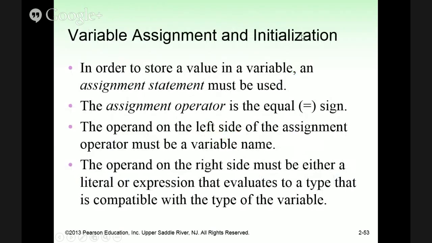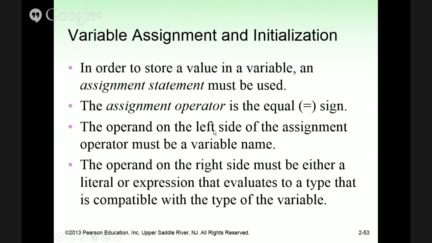Now, as we talked about earlier in the class, and something that's really important to understand is that the equal sign in computer science has a slightly different meaning than an equal sign in algebra. In algebra, the equal sign is used in an equation, but in computer science and in Java, it's an assignment operator. And there are some rules that dictate how that works.